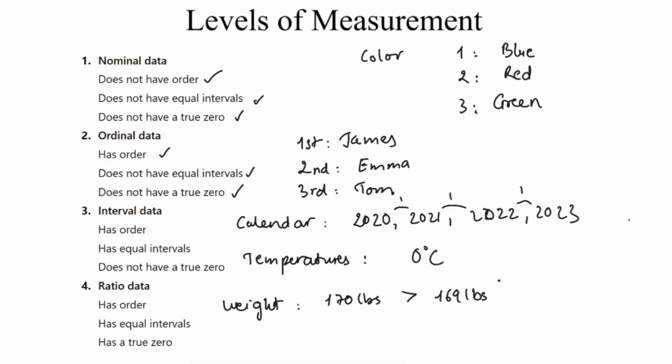The ratio data has equal interval because 170, 169, 168, the gap between them is 1 pound. So it has equal interval. It has a true zero because 0 pounds means they don't have weight, right?